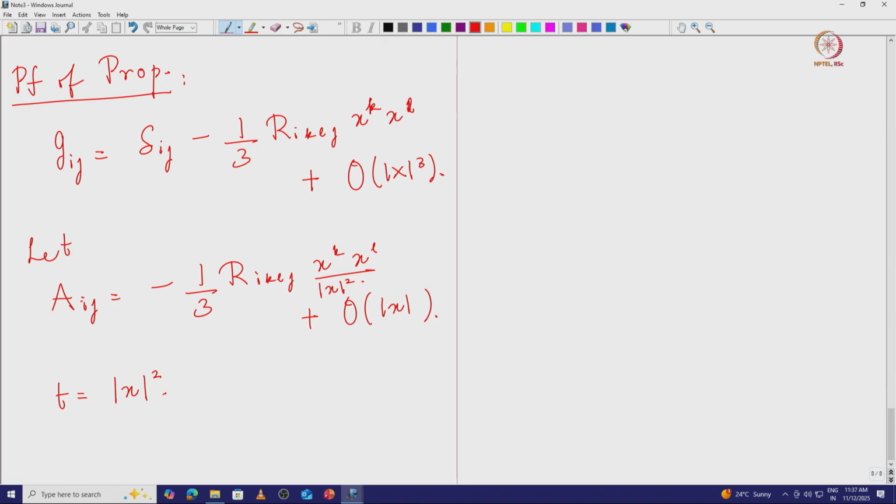So then my G is basically like a perturbation of A, right. So the determinant of G by our formula will basically be given by 1 plus mod x squared times the trace of A plus something that is higher order, right.